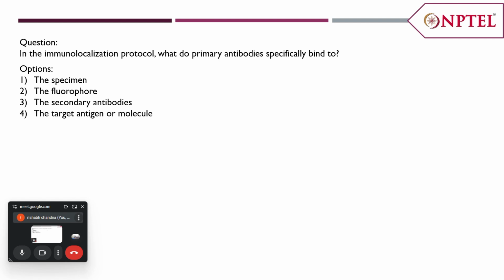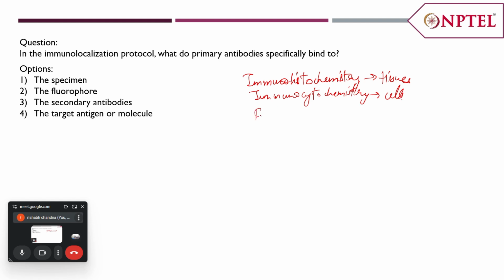So, in case of all the immunolocalization protocols, for example, we do immunohistochemistry. This is for the tissues. Then we do immunocytochemistry. This is for basically the cells. Then sometimes we do ELISA.